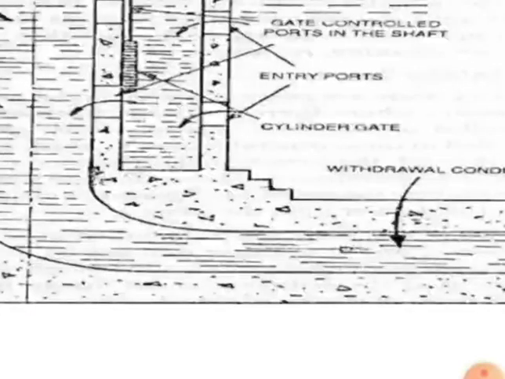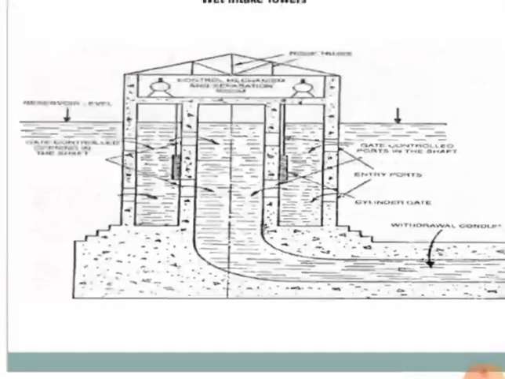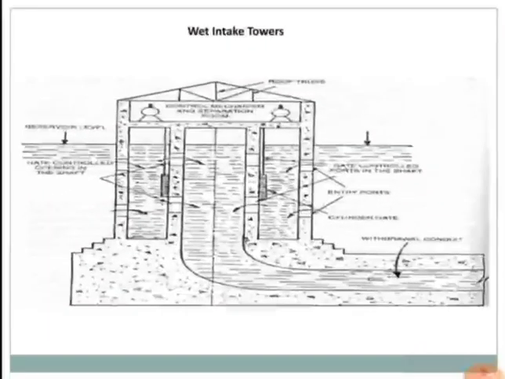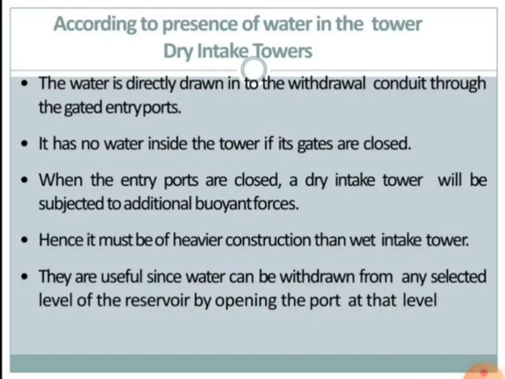So the water that comes out of the withdrawal pipe will be taken to the pump house to be lifted for further treatment, or it may be directly taken to the treatment plant. Suppose the treatment plant is at a lower level, the water will just flow through gravity. This type of intake, where there is water inside the intake tower, we call a wet intake. And the next type is the dry intake tower.